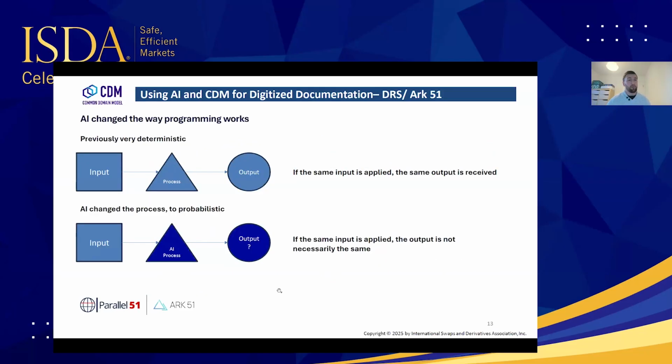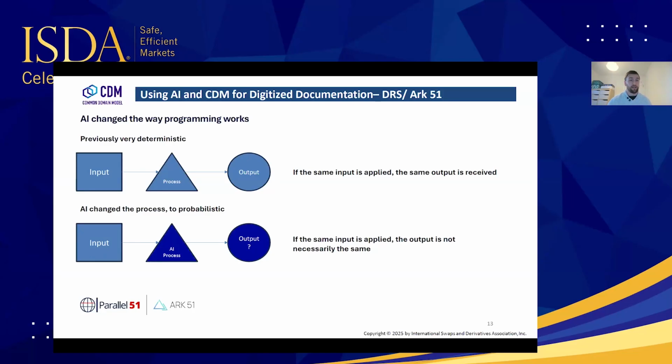Just to talk a bit more about artificial intelligence in general. When these large language models were released and exploded onto the scene, they actually changed the way that software and programming works under the hood. Previously, everything was very deterministic. By that, if you take an input, you put it through a process, be that a decision tree, a set of if-else statements, or even something as simple as a calculator.